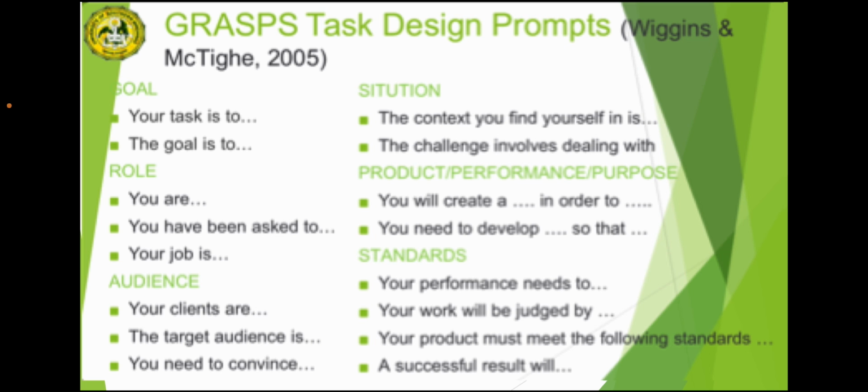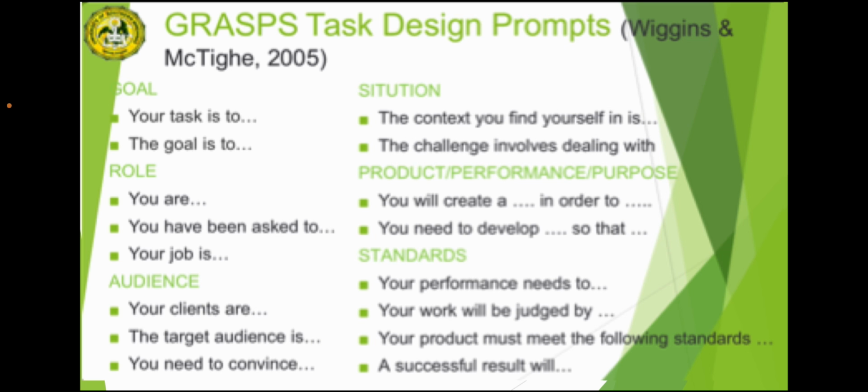Situation: the context you find yourself in is, the challenge involved dealing with. Product, performance, and purpose: you will create a in order to, you need to develop so that. Standards: your performance needs to, your work will be judged by, your product must meet the following standards, a successful result will.